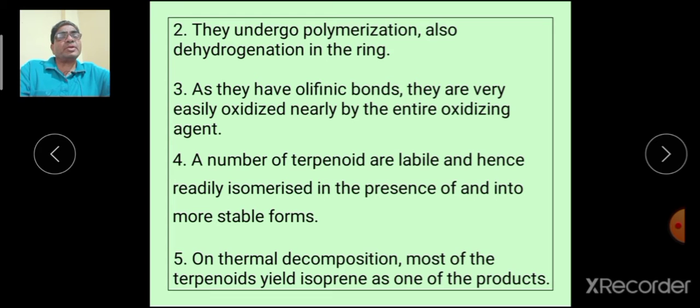A number of terpenoids are labile and hence readily isomerize in the presence of acids and into more stable forms. Of course, on thermal decomposition, most of the terpenoids yield isoprene as one of the products.